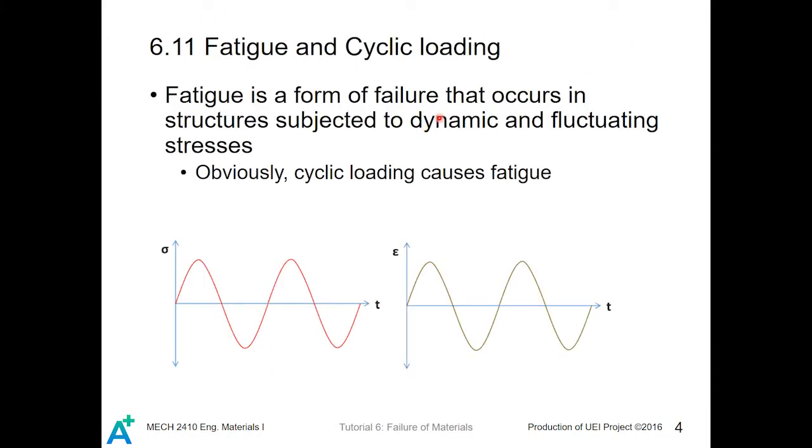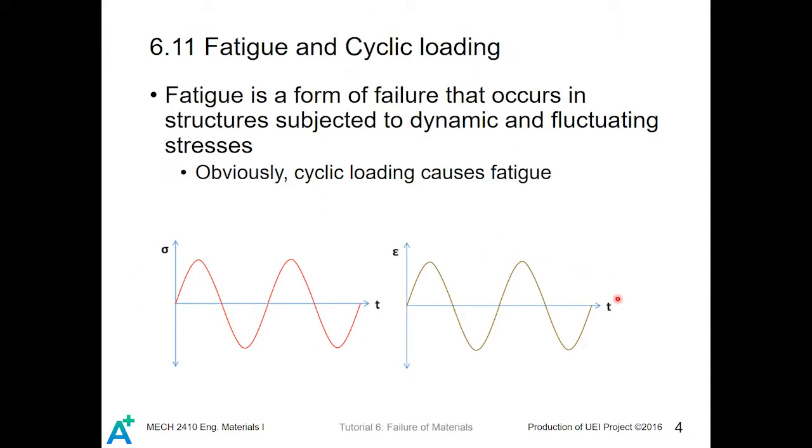Fatigue and cyclic loading. Fatigue is a form of failure that occurs in structures subject to dynamic and fluctuating stresses. Based on this definition, cyclic loading will cause fatigue in the loaded materials. What is cyclic loading?